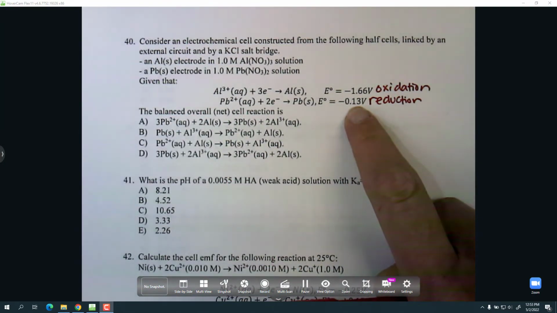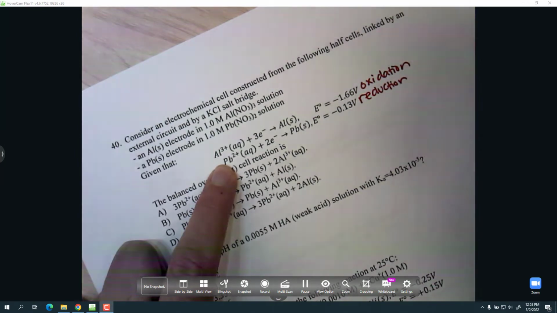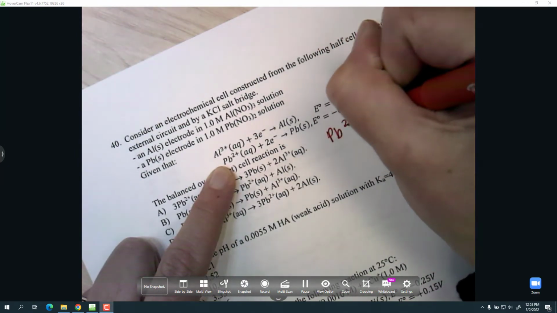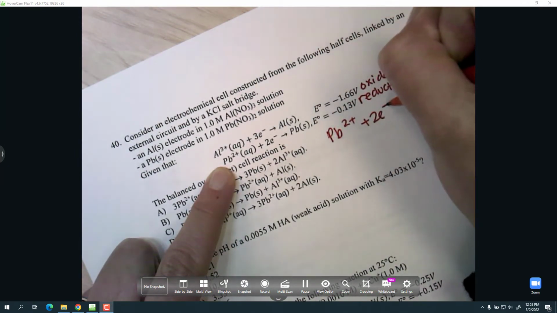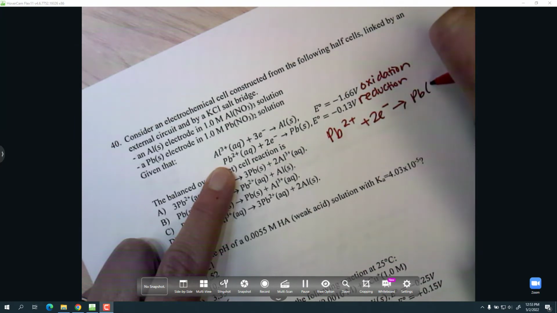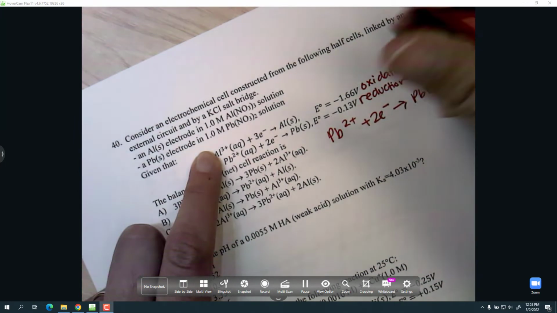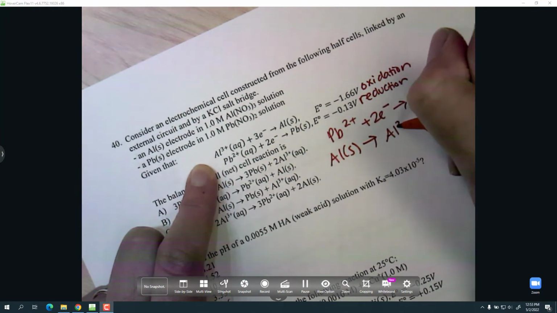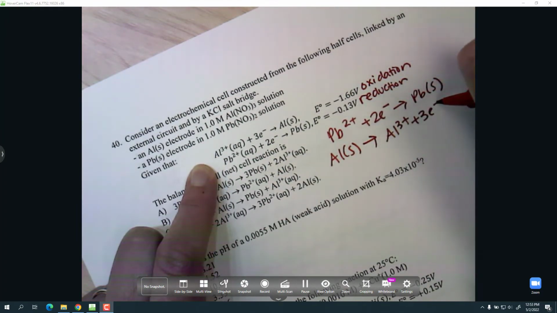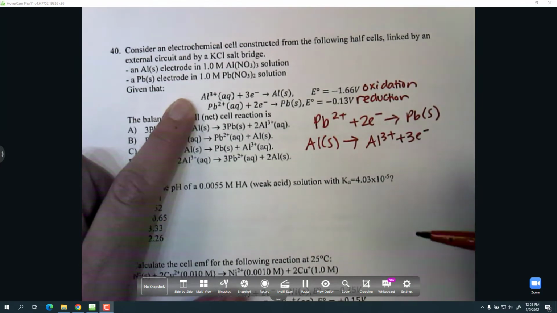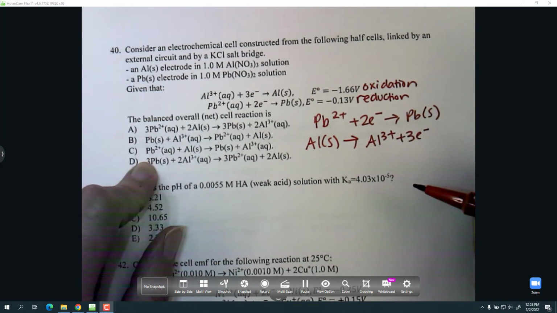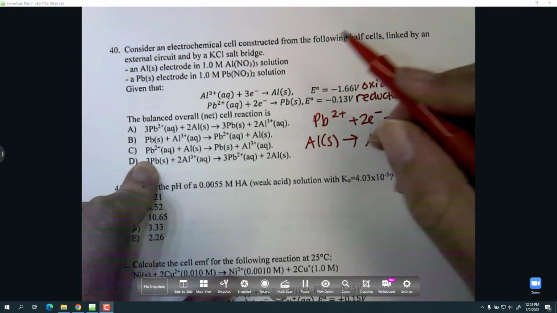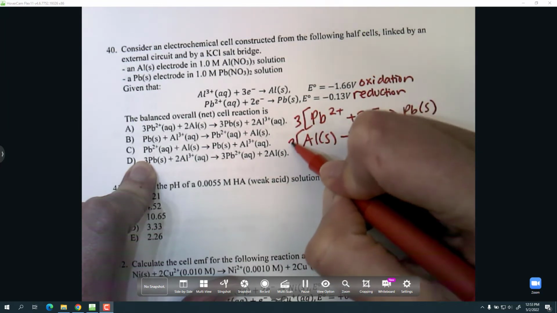So now I want to keep this one as a reduction, but this one I want to flip and make it an oxidation. And then in order to add it up and make it balanced, I need to make the electrons cancel, so times 3 and times 2.